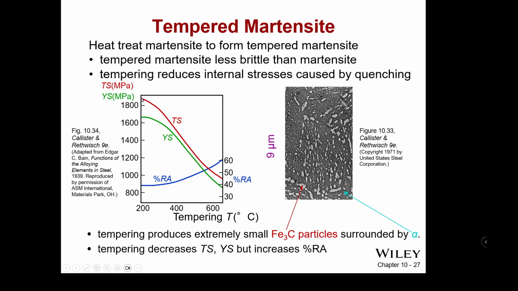So from 1840 probably down to almost 1,000 megapascals in tensile strength. Your yield strength drops proportional to tensile strength for reasons that we've understood elsewhere.